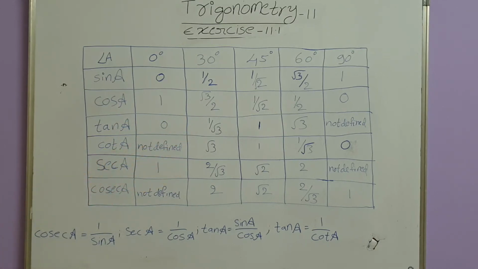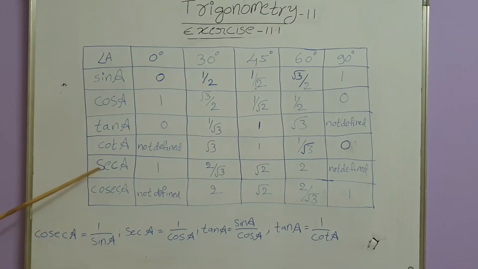And cot 45 degrees, same as tan 45 degrees. Tan 45 degrees and cot 45 degrees are equal, 1. And cot 60 degrees, 1 by 2 by root 3 by 2. Two denominators are cancelled, we get 1 by root 3. And cot 90 degrees, 0 by 1, 0 by anything is 0.